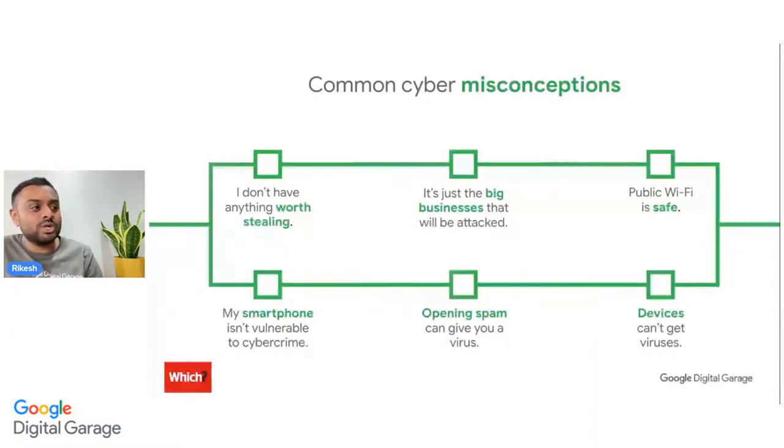Now, another misconception is that people might think, oh, it's just big businesses that usually get attacked with cybercrime, so it's just going to be these corporate organizations, and that's not the case. According to the Institute of Directors in the UK alone, which is where I'm based, 5.4 million small businesses are collectively attacked more than 7 million times a year.